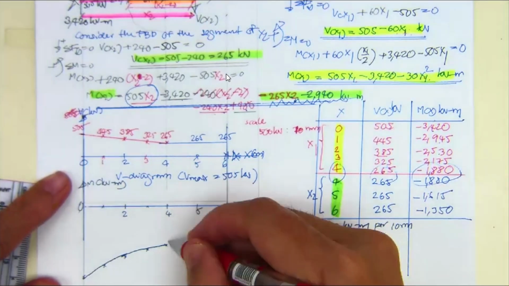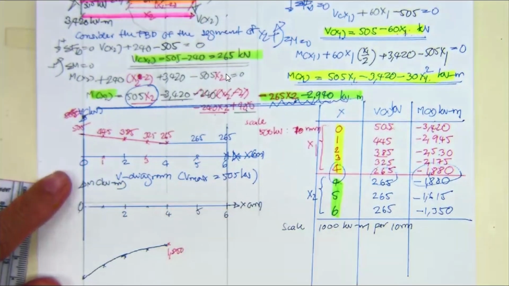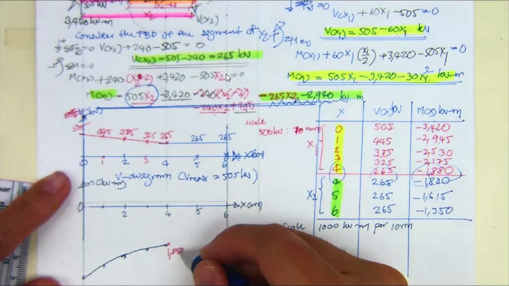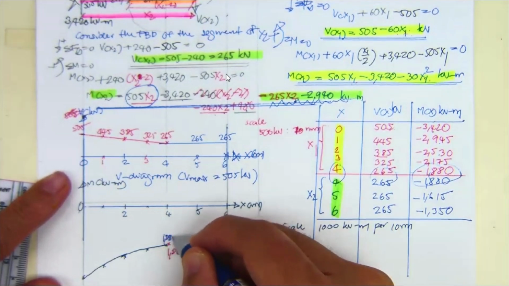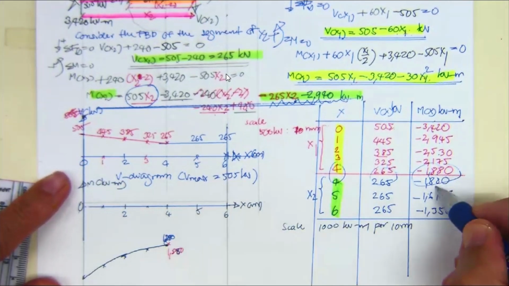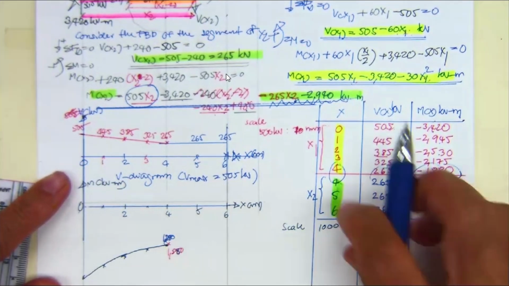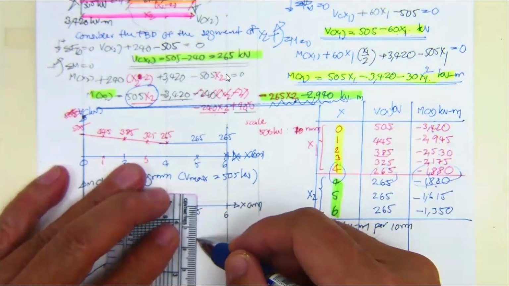Then here you get the same 1850. Okay, and over here 1880. Okay, they are the same. And then 1615, 1.6, okay.